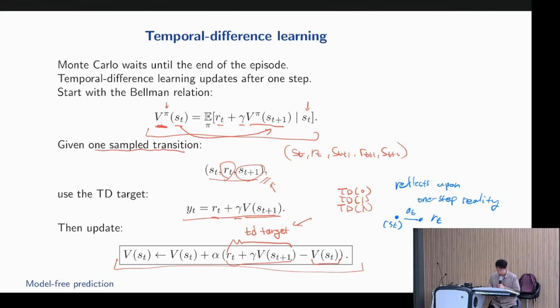So we got to observe R_t and we got to observe S_t+1. It's one step closer to reality. If you start at S_t, execute some action, you get this specific reward and transition to S_t+1. Which state to transition to and which reward to get is encoded in this TD target. So your TD target is one step closer to reality compared to your prediction.